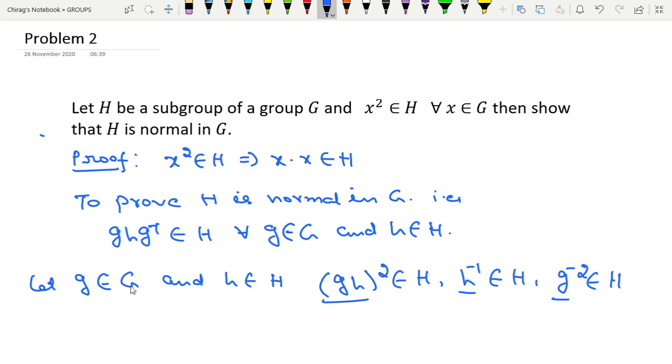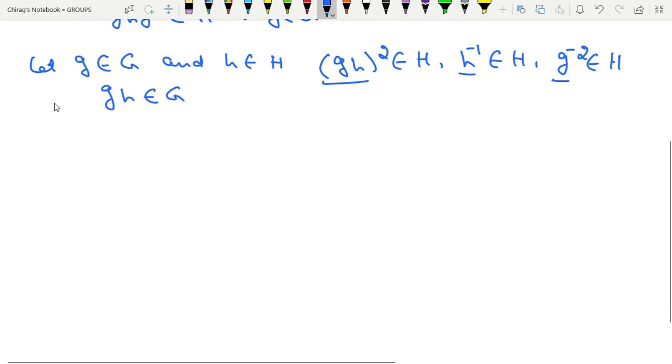Now, since g belongs to G and h belongs to H and G is a group, what we can write is gh belongs to capital G, right? Because G is a group. Now gh belongs to G and therefore (gh)² belongs to H. Why?